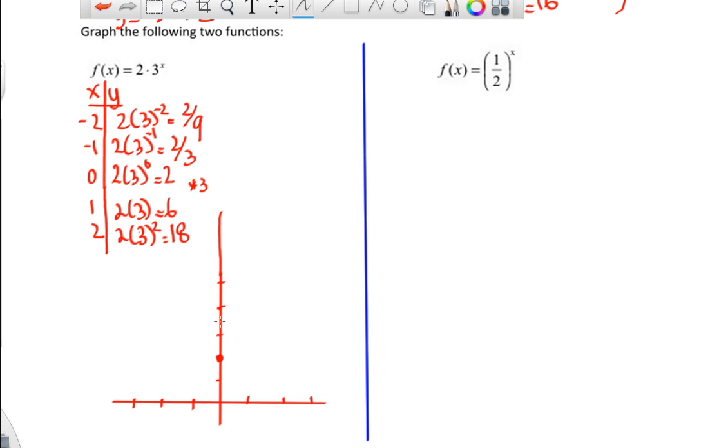So 1, 2, 3, 4, 5, 6. And I can't even do 2 anymore. I can do negative 1, 2/3, so if that's 1, 2/3 is about here, 2 over 9 would be here. And then that's a pretty good picture.